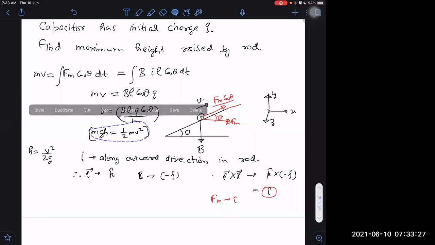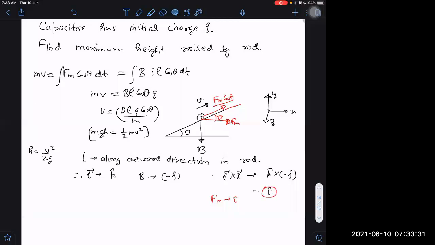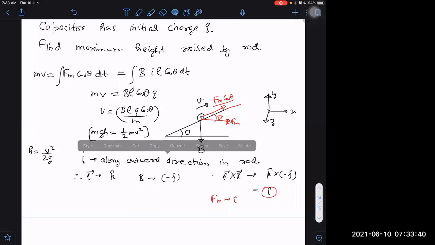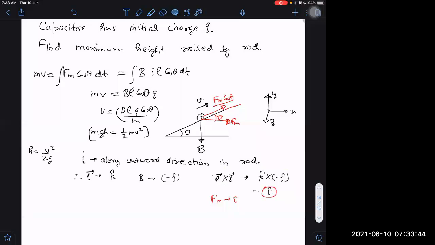Same, sir. The answer is B L Q cos theta whole square by 2 m square g. Right, then you have understood it if you are getting the same answer. H will be finally v square by 2g.